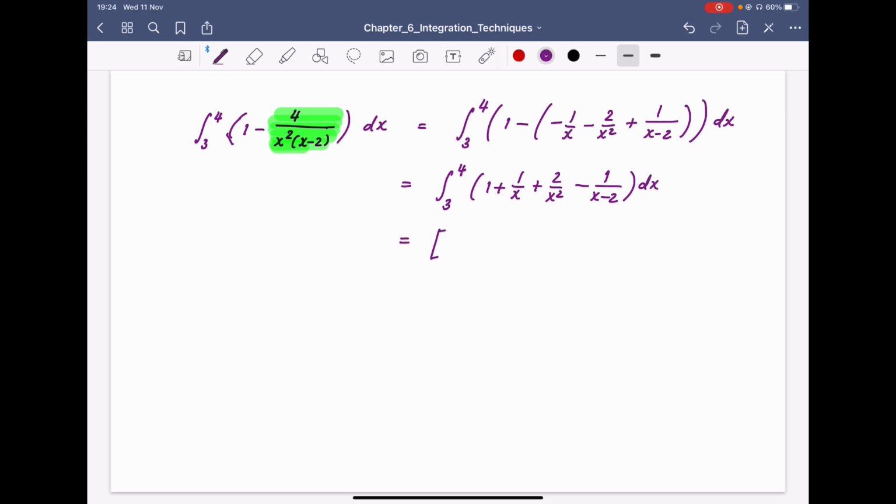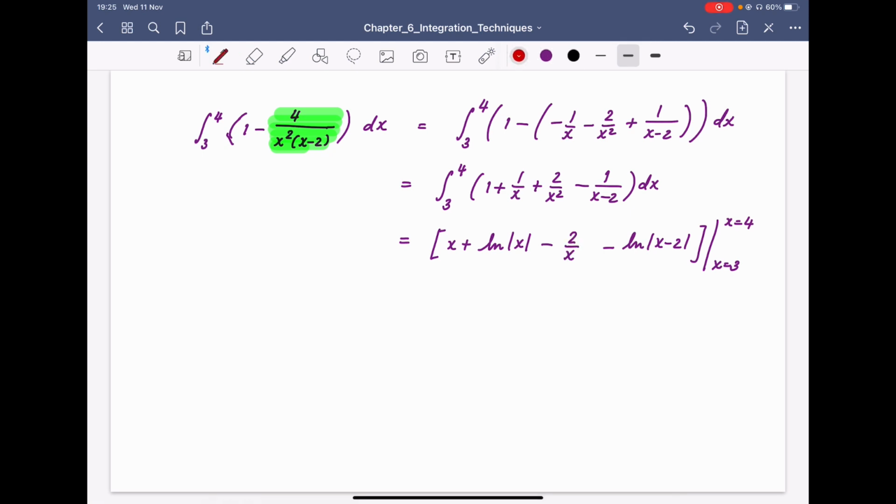So let's do it. It's going to be x plus log absolute x, and then plus 2 times x to the negative 1 over negative 1, and then minus log absolute x minus 2. Then you have to evaluate from x equal to 3 to x equal to 4. Let me change a little bit. x to the negative 1 over negative 1 is just 1 over x, so that term becomes negative 2 over x.